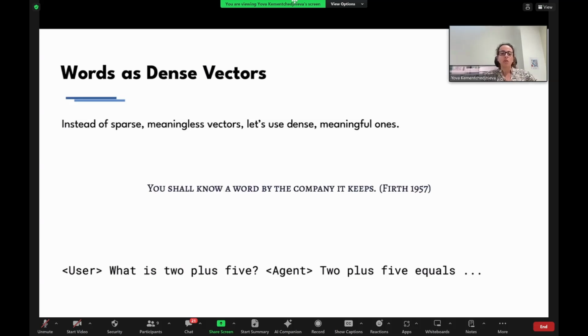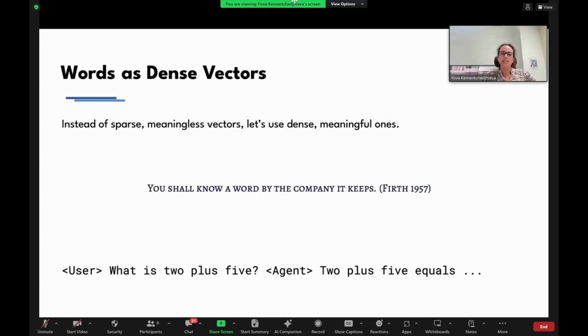So what we can do instead is to use, instead of sparse meaningless vectors, dense meaningful ones. And how we're going to go about building these dense meaningful vectors is by following the observation made by Firth in 1957 that you shall know a word by the company that it keeps.